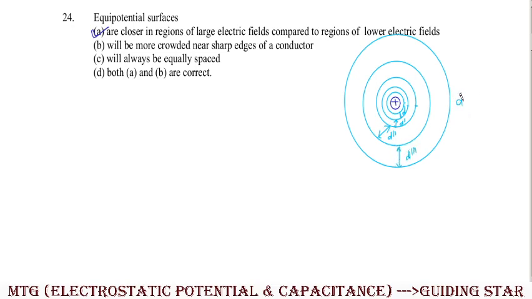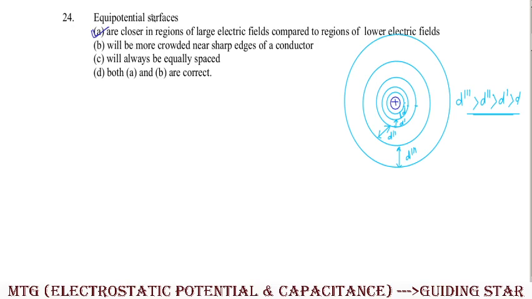That means D triple prime is greater than D double prime, greater than D prime, greater than D. So spacing will gradually increase. Near the charge, field strength is more, and near the charge the equipotential surfaces will be closer together. Clear? So option A is the correct one.